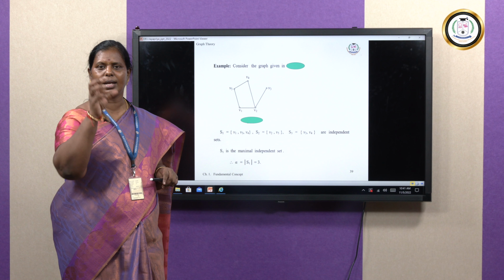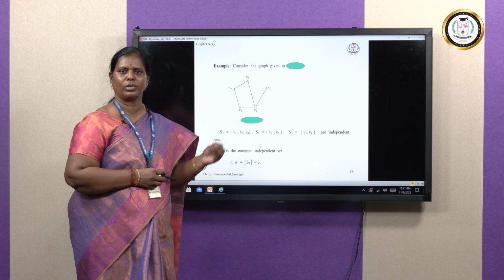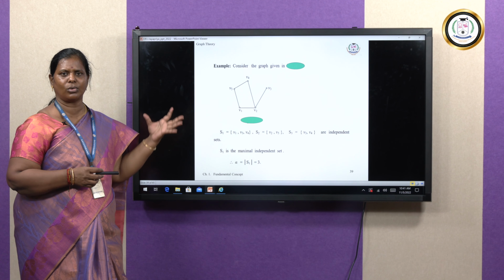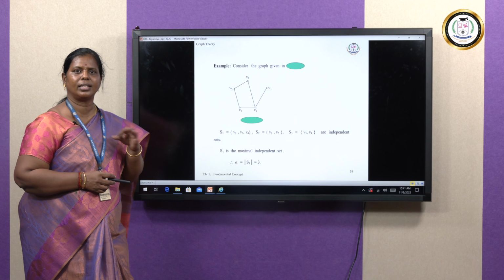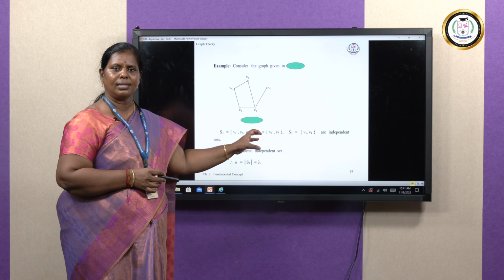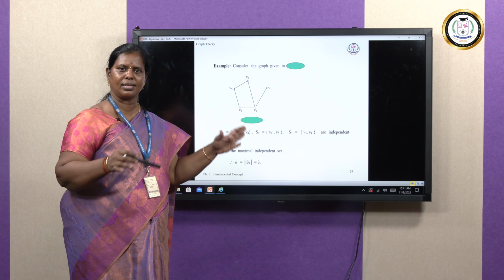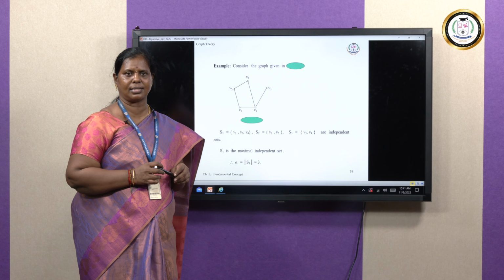Now we are going to look into how to find the independent sets. Here we notice that V1, V3, V4 are not adjacent, so let us make it set S1. Another set is V2, V5, which are not adjacent, so again it is an independent set.